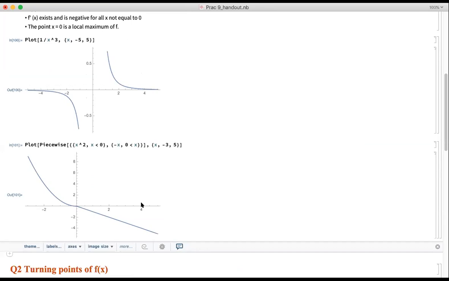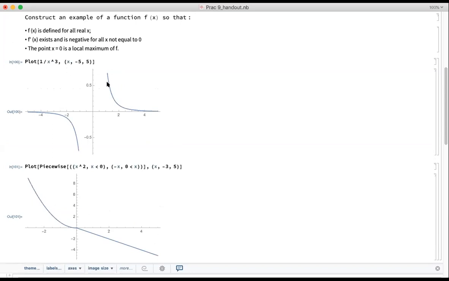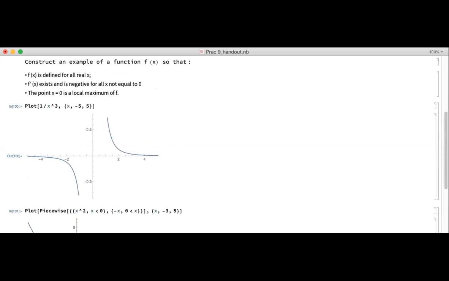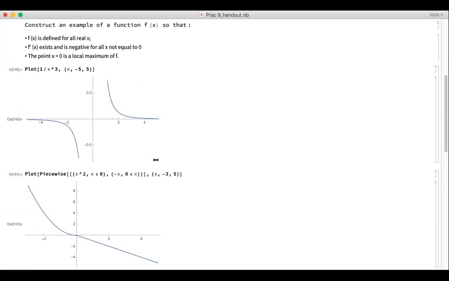Does that satisfy the condition? Remember, we want x equals 0 to be a local maximum. Can you think of that?